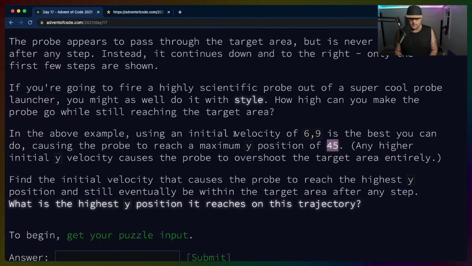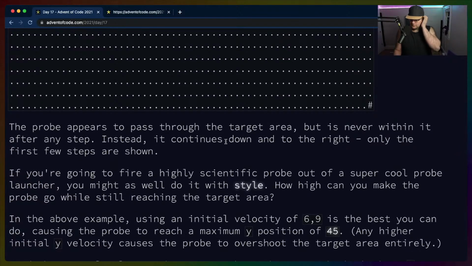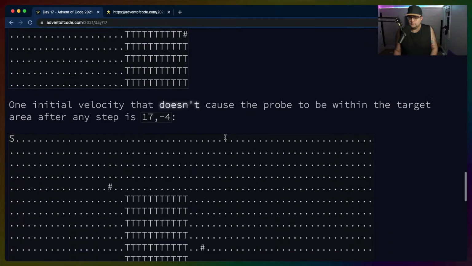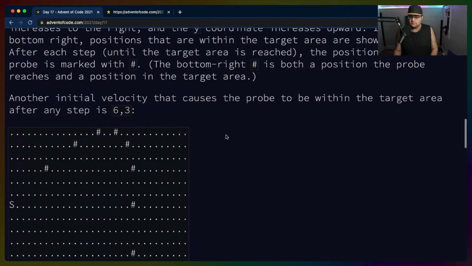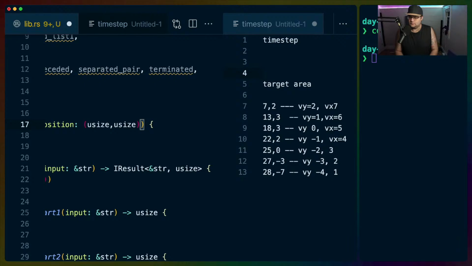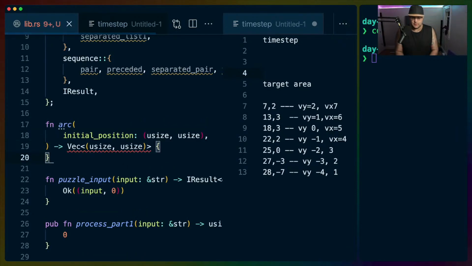No worries, Nikki. So maybe this just returns a vec of position information for the moment. Just to make this conceptually a thing.